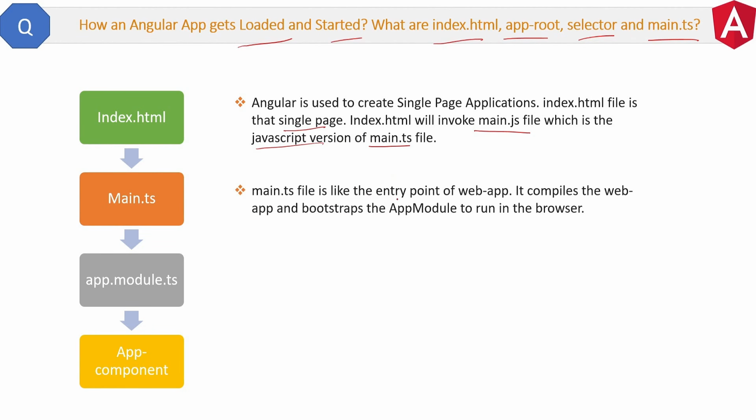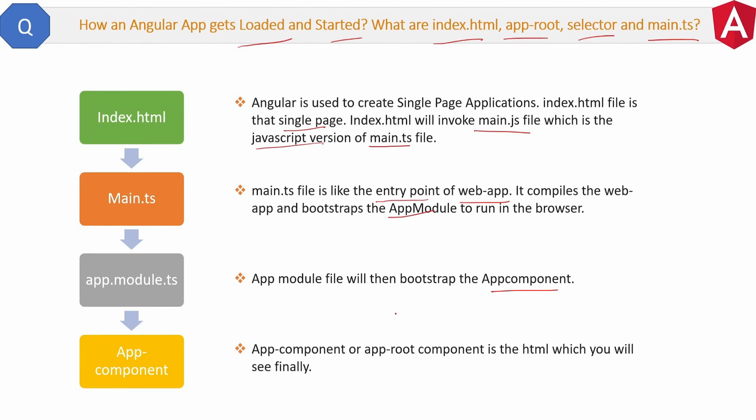Like every other application, main.ts file is the entry point of the web app. It compiles the web app and bootstraps the app module to run in the browser. Then the app module will bootstrap the app component. And then the app component or app-root component is the HTML which you will see finally in your browser. So this is the theoretical answer and you have to remember the sequence.